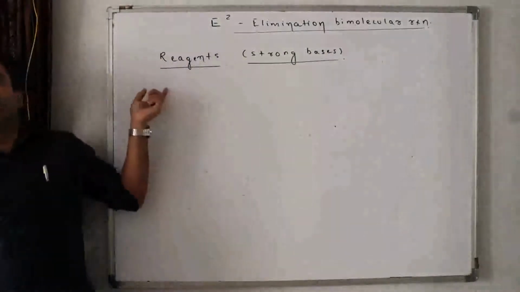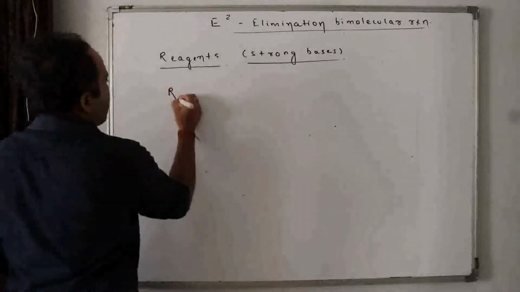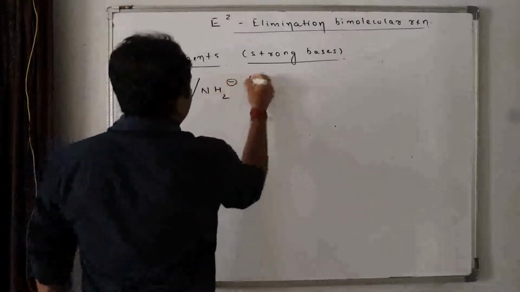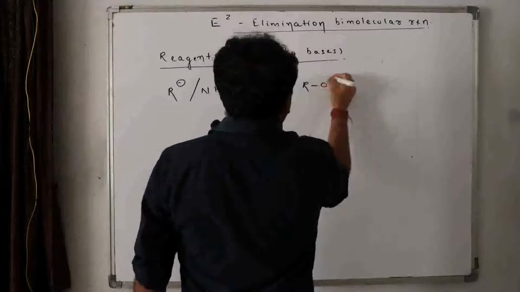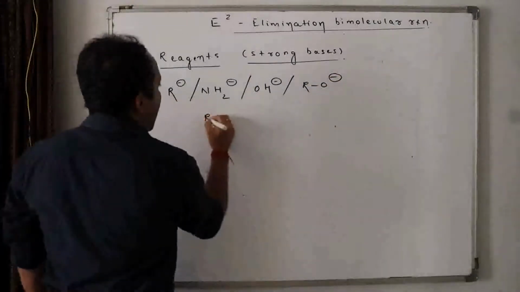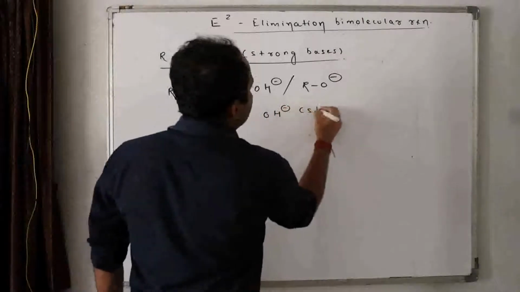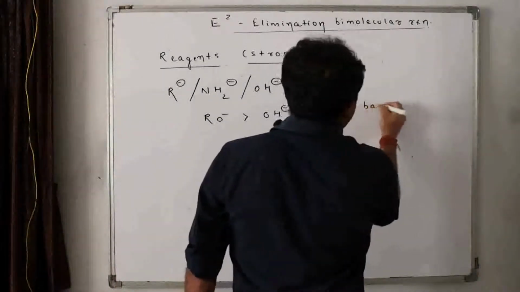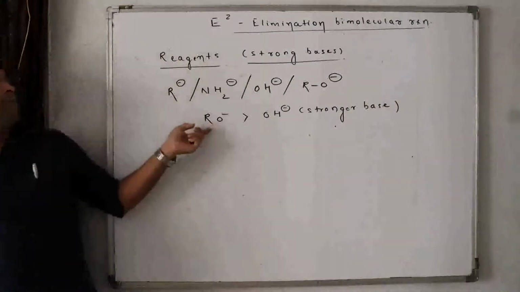I told you the names of strong bases. What are they? R minus, NH2 minus, OH minus, RO minus. And remember, RO minus is a stronger base than OH minus.